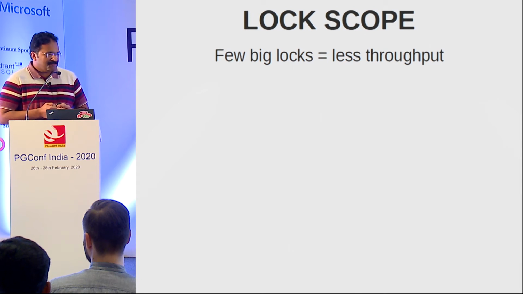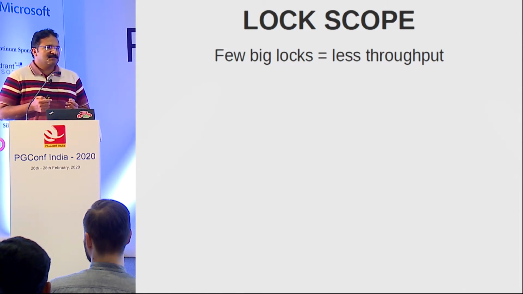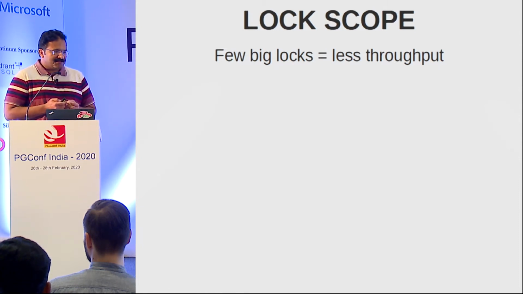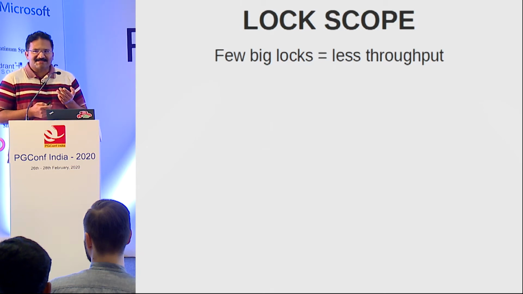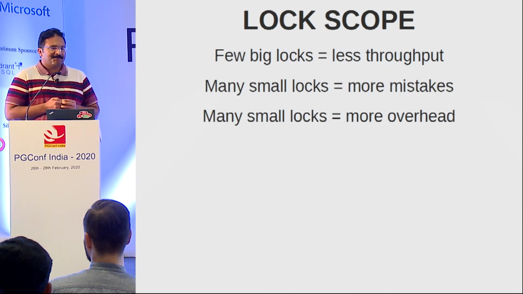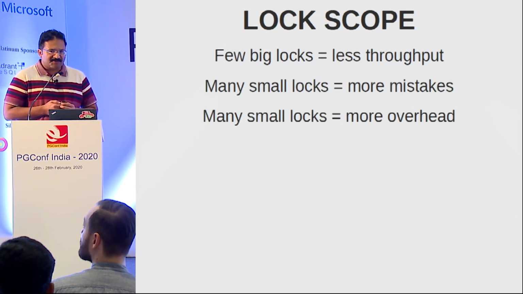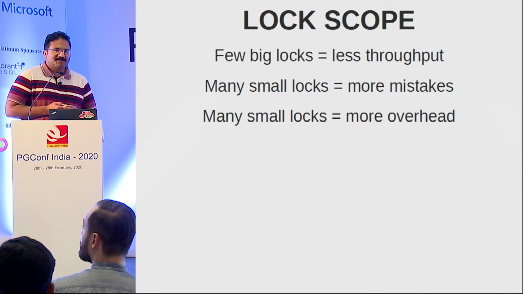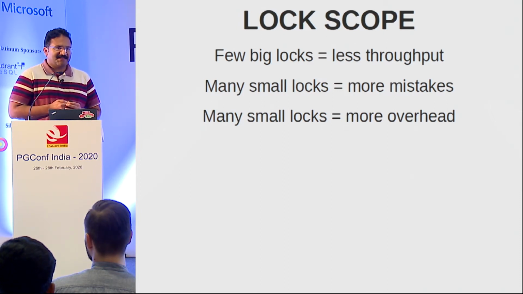At the same time, it's not so simple to just take away all your big locks and replace them with extremely short-lived locks and locks that are very specific. We call them fine-grained locks. Because the more locks you have, the more complicated it is to reason about them. The more potential there is for mistakes and interactions that you didn't expect.